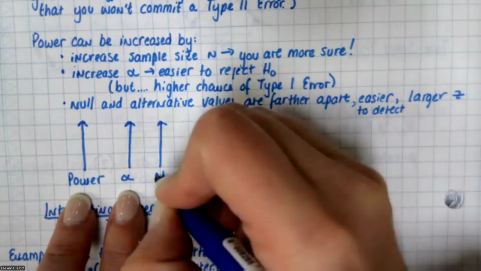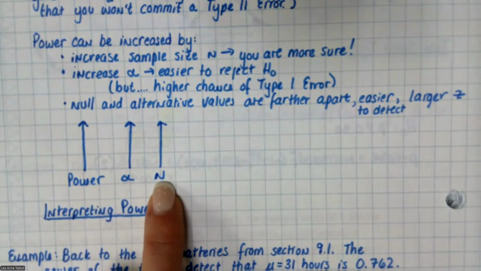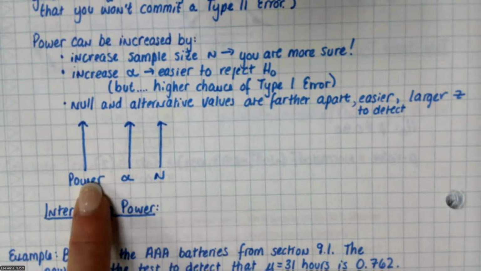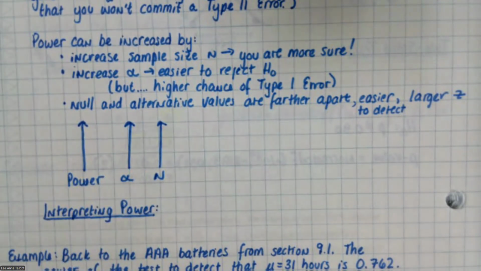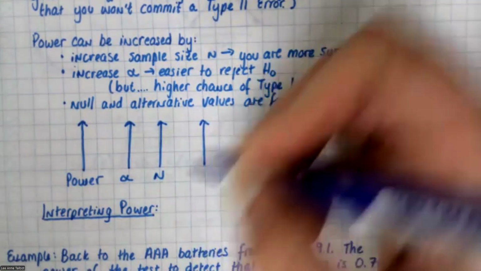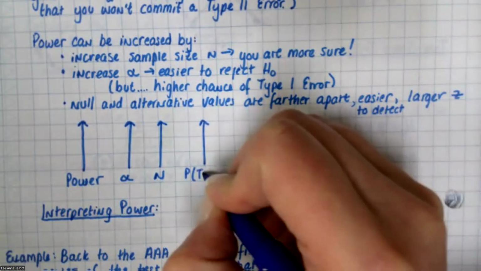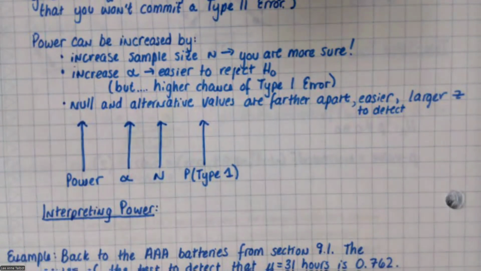Increasing sample size: sample size goes up, alpha goes up, power goes up. These things all go in the same direction. Now, this is not a good thing, but it also increases: the probability of a type 1 error also goes up.